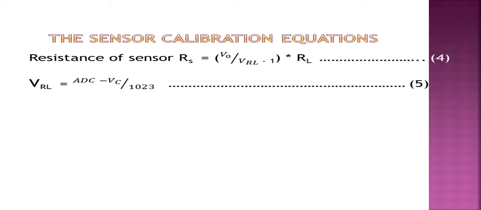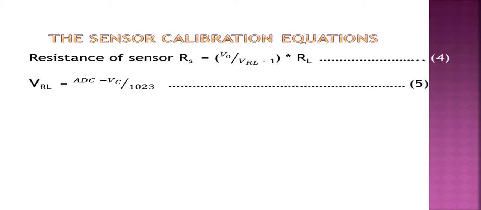Here RL is the resistance of the load. In that equation, VC represents the voltage from the microcontroller, while VRL represents voltage from the sensor's rated resistor in the environment of test.